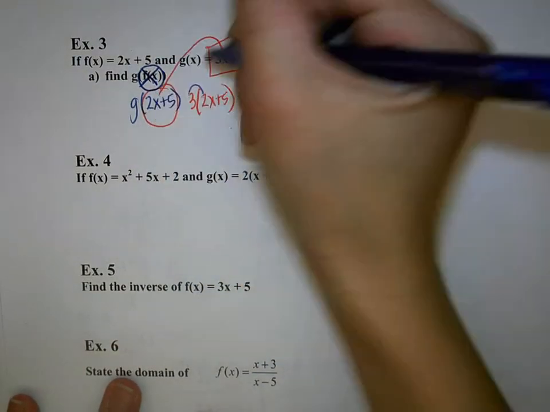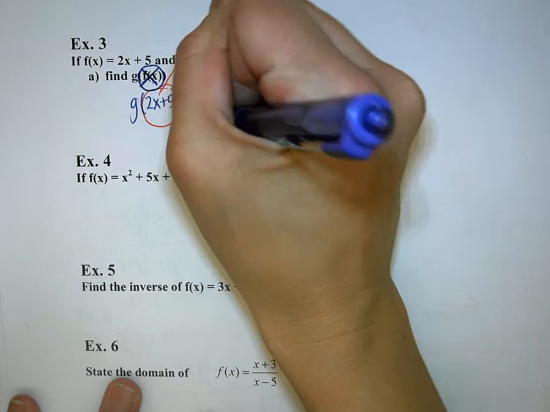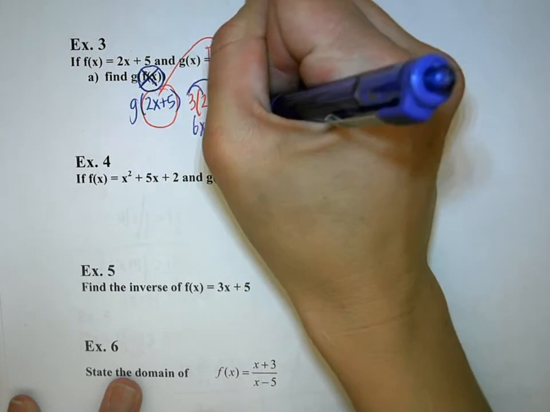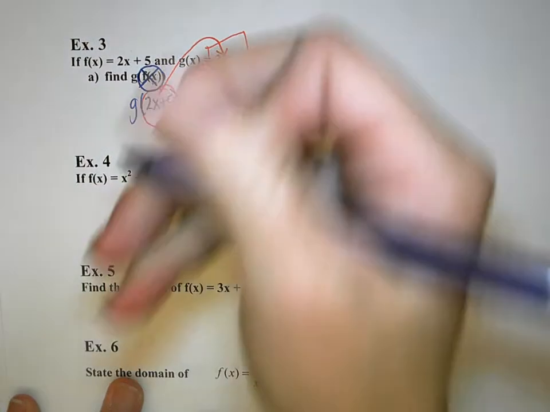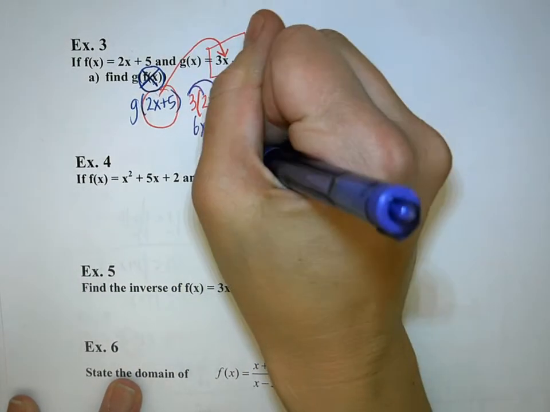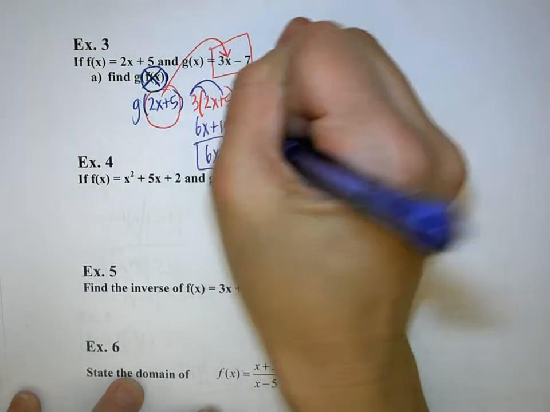So we distribute here. 3 times 2x is 6x. 3 times 5 is 15, and then I still have minus 7. And so that simplifies to be 6x plus 8. And that is my answer for A.